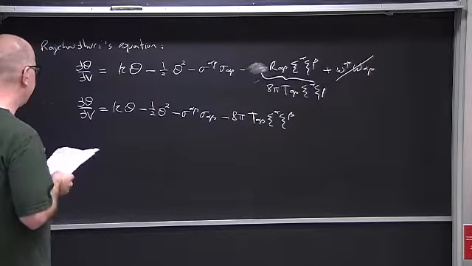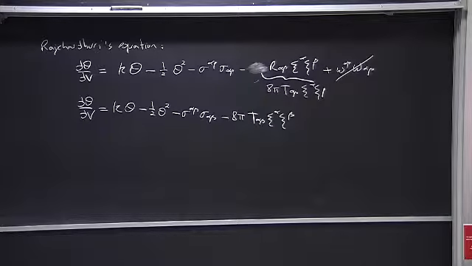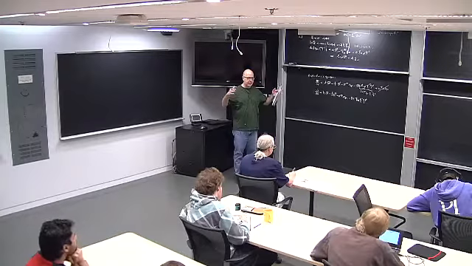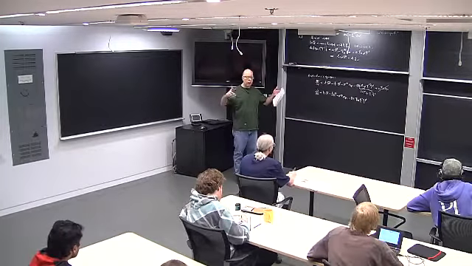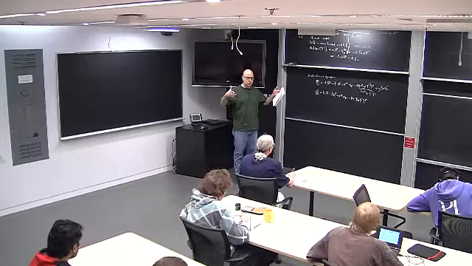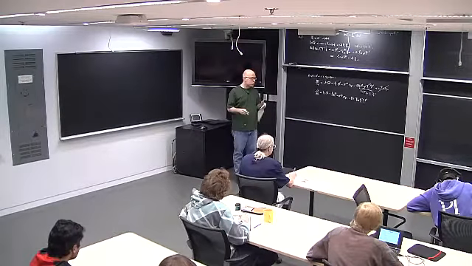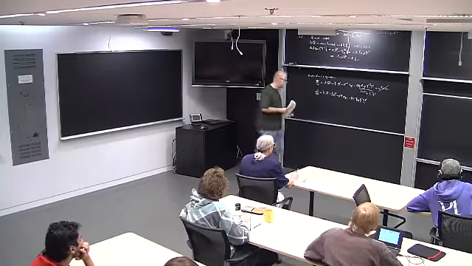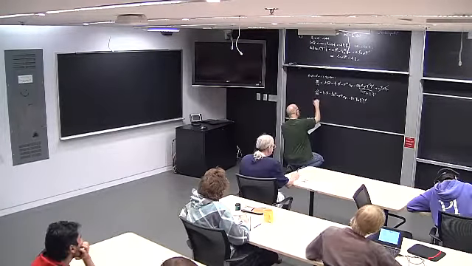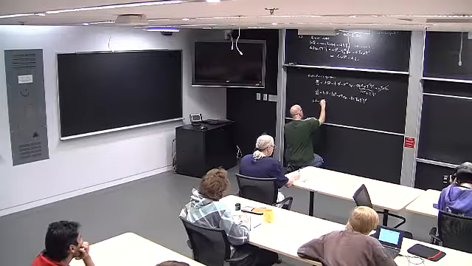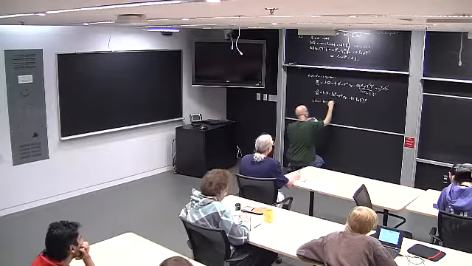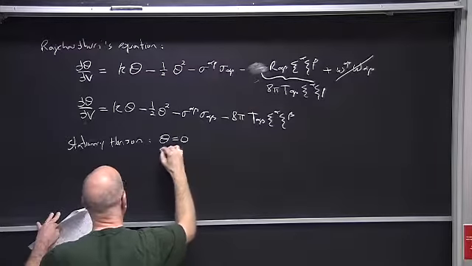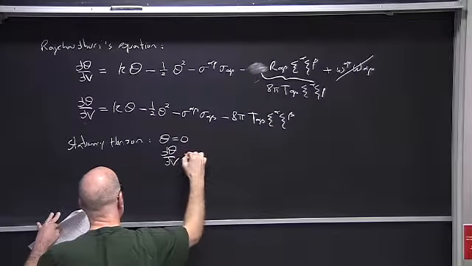If I'm talking about a stationary horizon, I can put all sorts of things to 0. A stationary horizon means that the expansion of the null congruence on the horizon will be 0. Stationary means that there's no expansion, and it also means that there's no rate of change of that expansion. So for a stationary horizon, we can set theta equal to 0. We can set the rate of change of the expansion to 0.